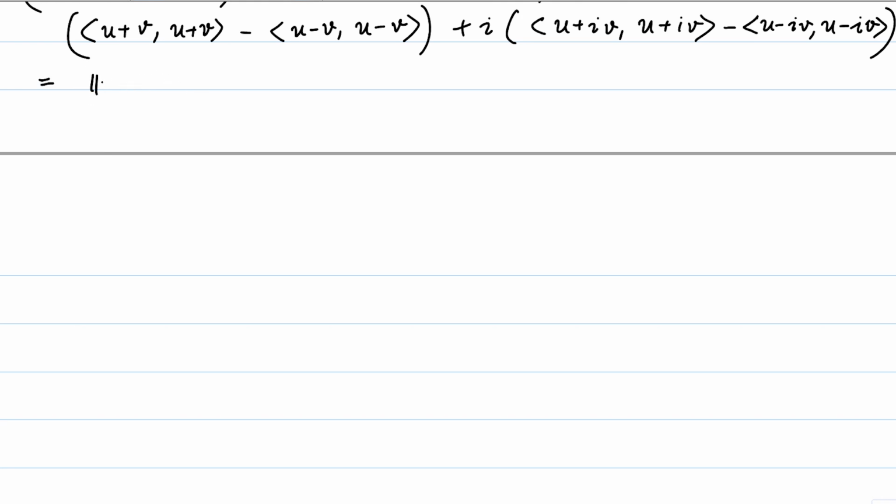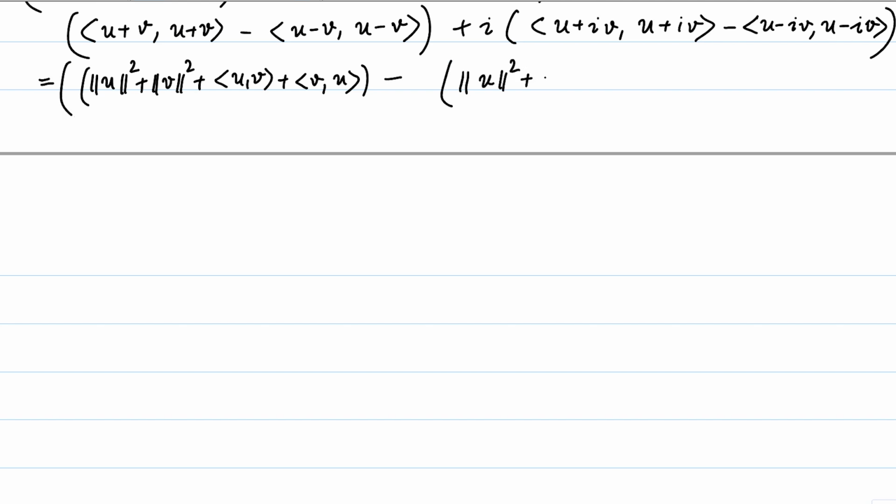The first term will be length of u the whole square plus length of v the whole square plus inner product of u comma v plus inner product of v comma u, that is the first term, minus what will be the second term, that will be the length of u square plus the length of v square minus the inner product of u comma v minus the inner product of v comma u. So that is the first term.